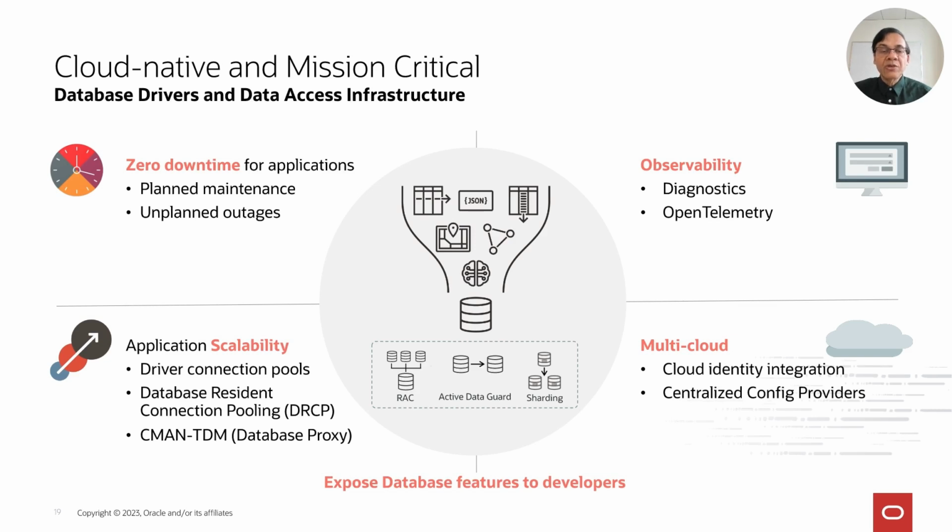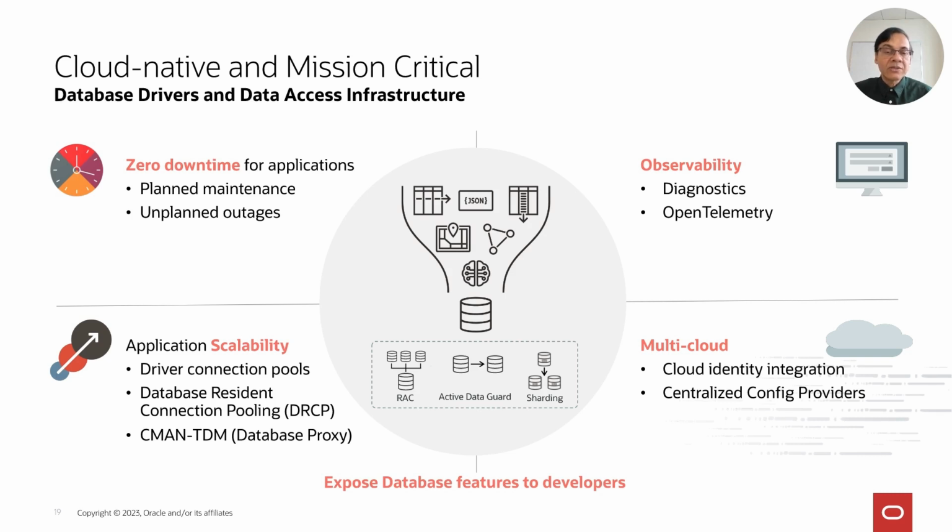So in this session, we'll talk about your data tiers and database connectivity and how you can make the database connectivity and data tiers cloud native and mission critical. We'll discuss 4 broad areas. First one being zero downtime for applications. So how do you achieve zero downtime during planned maintenance of the database and also when there are some unplanned outages of the database?